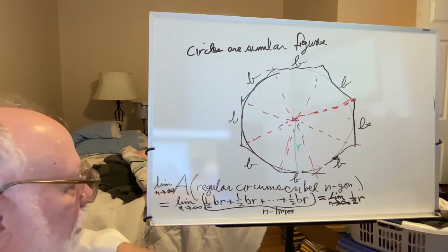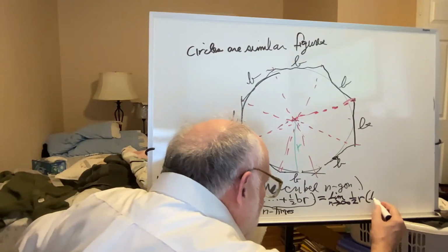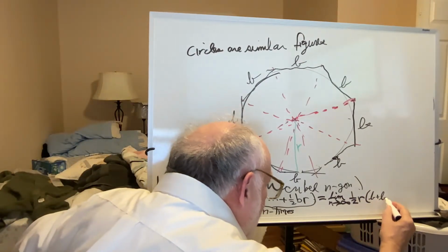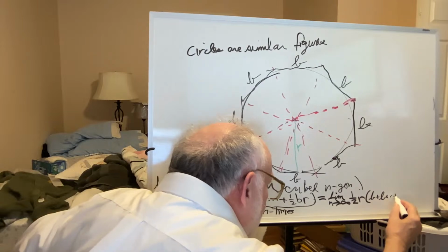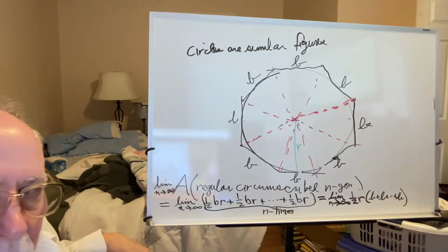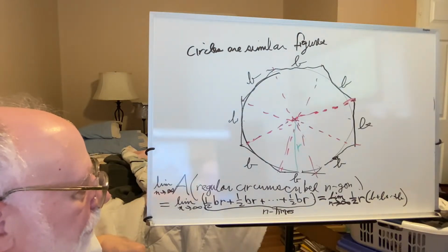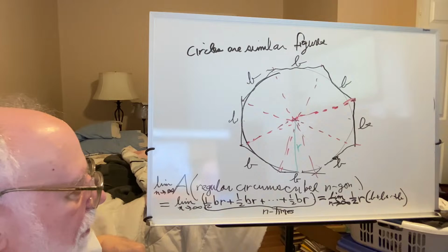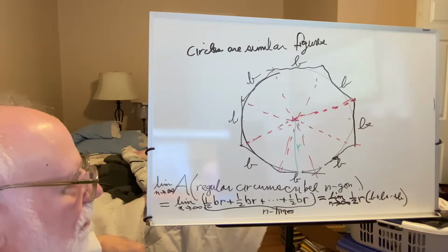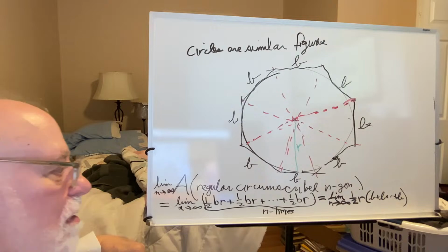However, the sum of the b's, what's happening to them? Well, the sum of the b's is actually going to the circumference.